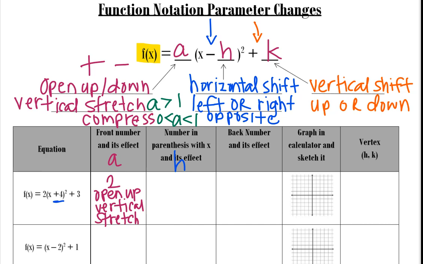But remember, this minus in the original equation over here tells me to do opposite. So my h value is not going to be a positive 4. My h value will be a negative 4. And negative 4 is on the left side of the graph, so it's going to shift to the left.